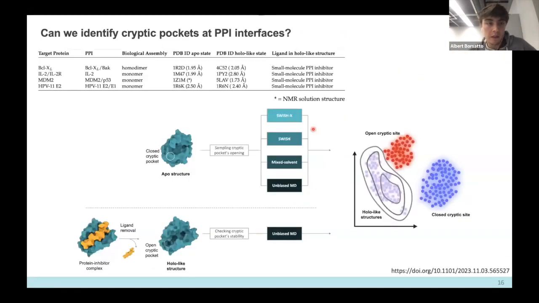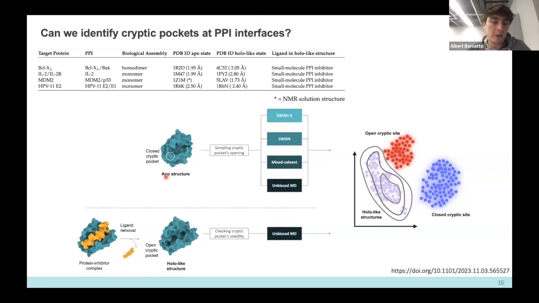So what we did was come up with this strategy. We selected 4 different protein-protein interaction interfaces for which we basically know everything. We have a holo structure and an apo structure. And then we started from the apo structure and we simulated this protein target with 4 different methods: unbiased MD, mixed solvent MD, SWISH and SWISH-expanded.